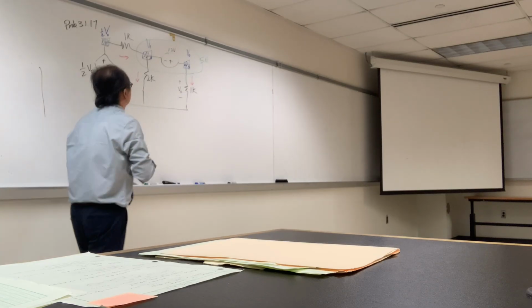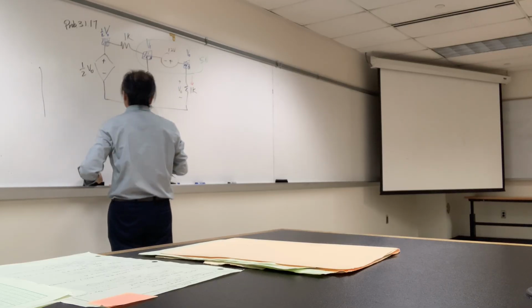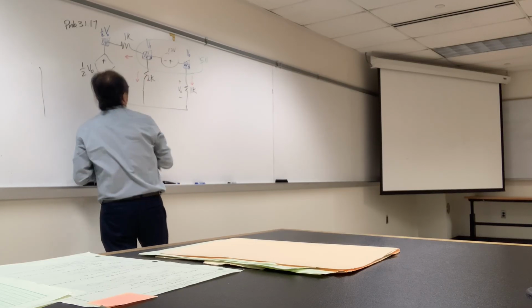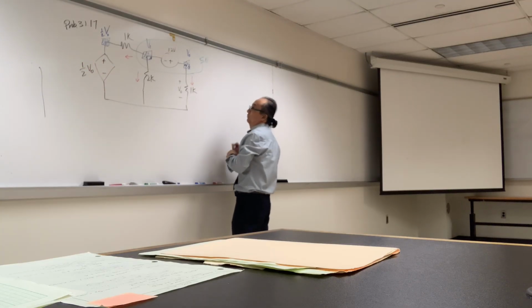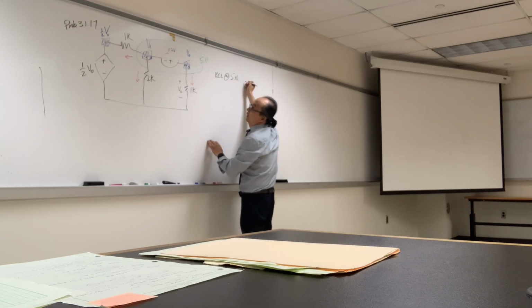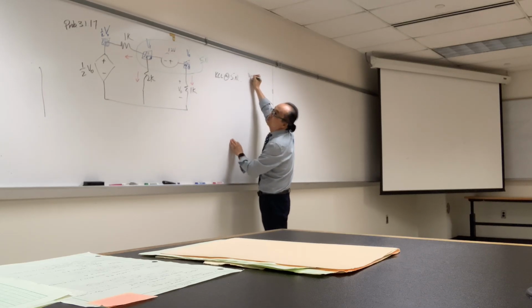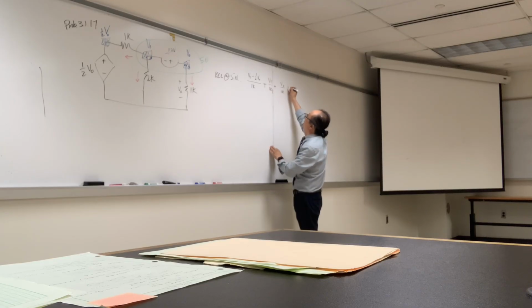Cover this up, and we're going to call it a super node, and assign the direction. We can go entering or leaving, and last time we said in the super node it is easier to just have all the currents leaving from the super node. But again, it really doesn't matter, but we'll do that. So KCL at the super node, everything is leaving: V1 minus 1 over 2 V naught over 1K plus V1 over 2K plus V naught over 1K equals 0.